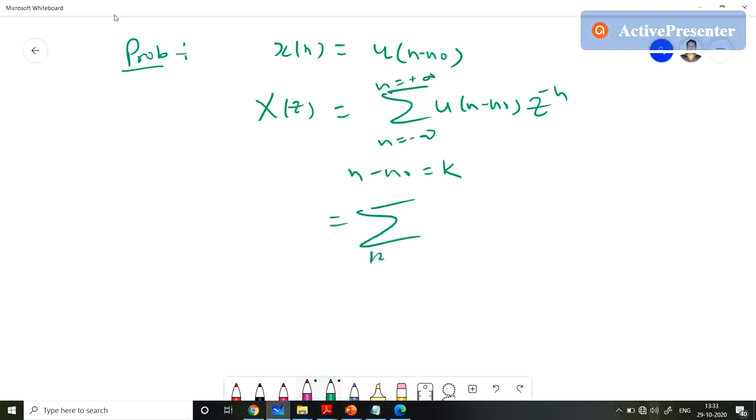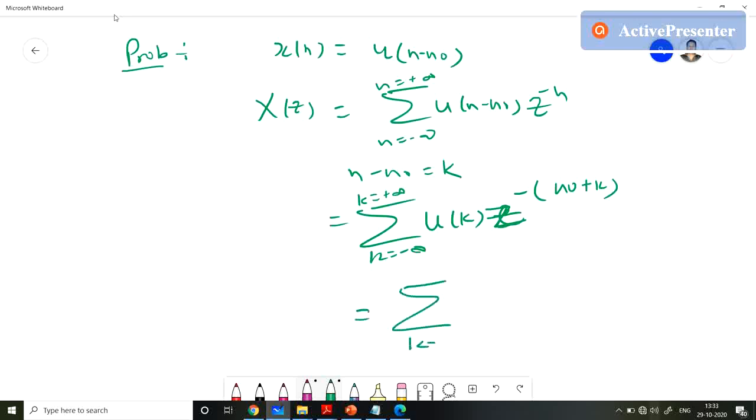So here we are getting the summation from k equals minus infinity to plus infinity of u[k] z raised to the power minus (n naught plus k). That equals the summation of u[k] z raised to the power minus k times z raised to the power minus n naught.